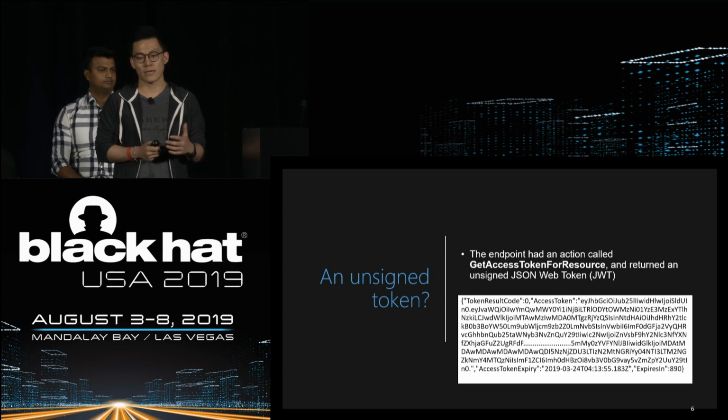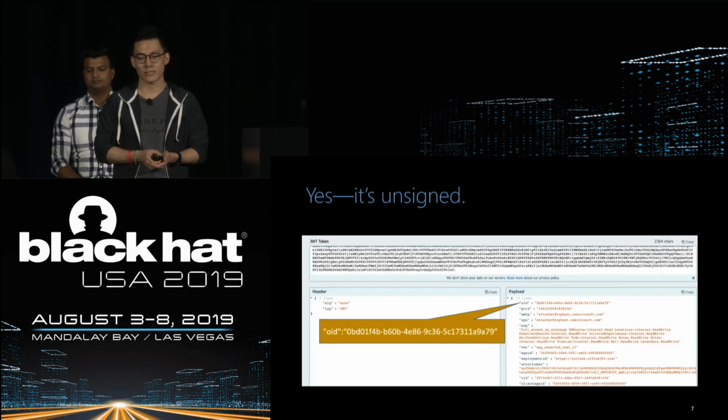And it turns out, indeed, this endpoint returns a JSON Web Token that is unsigned. We can see in this screenshot that the algorithm part is none. And we got a lot of data in the payload part, which we will get to in a few slides.